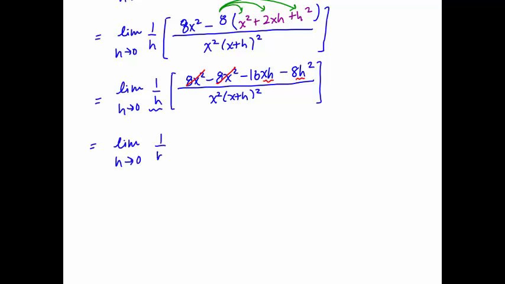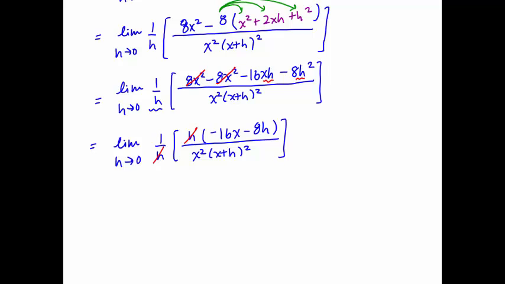In class, I believe we just took out the h. That would simplify for us, leaving negative 16x minus 8h over x squared times x plus h squared. So just eliminating that one h allows it to be canceled, multiply and divide by the h.